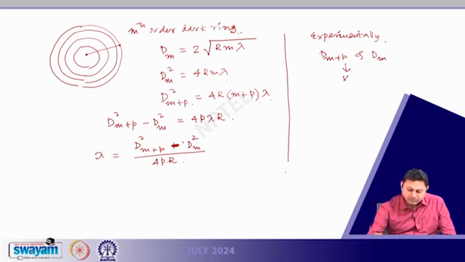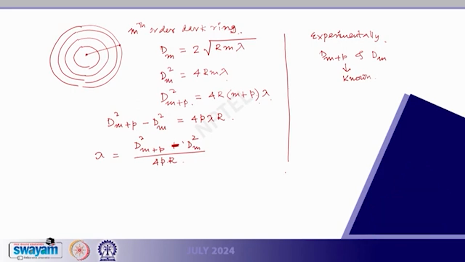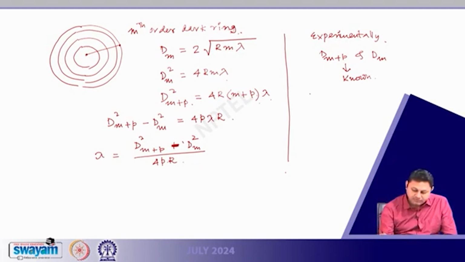I know which order I am measuring, and then exploiting this expression by knowing the value of r. So, r, if somebody provides it, then all the right hand side is known. So, I am doing a Newton's ring experiment without knowing what the lambda is.